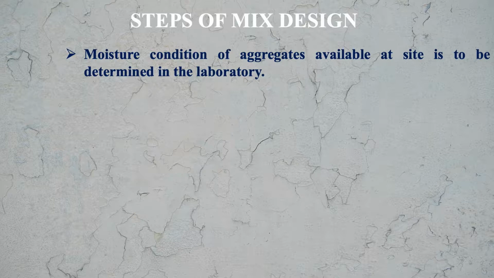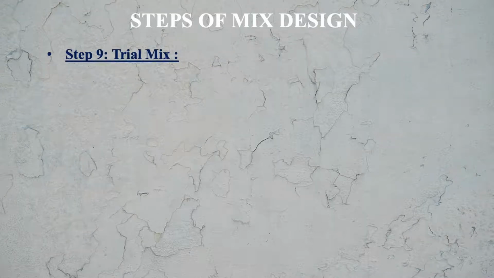Now let's move to the next step, which is step 9. So after doing step 1 to step 8, what we have done, we have fixed the amount of different ingredients of the concrete. And now in step 9, we will go for the trial mix.